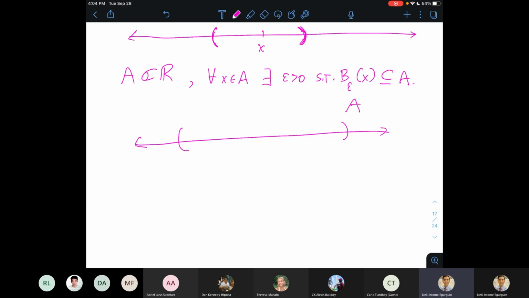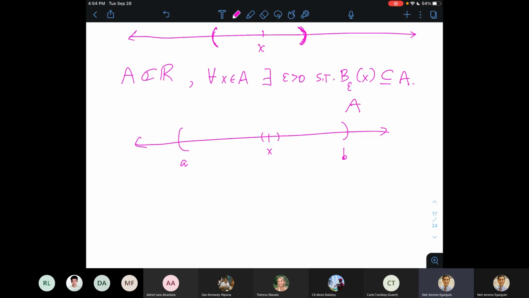An example of an open set is the open intervals, and that's how they got their name, open intervals. So if I get any x on this open interval, say the open interval little a to little b, pwede akong makapag-construct ng epsilon neighborhood that is still within the confines of the set A. So hindi siya lalabas dito.